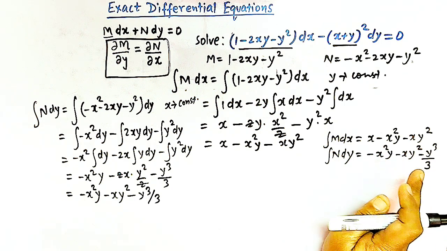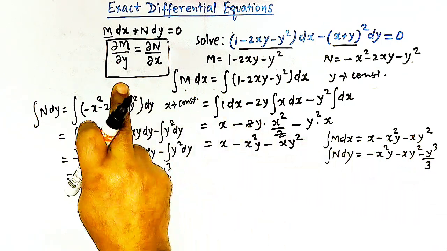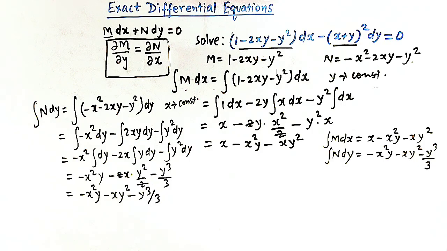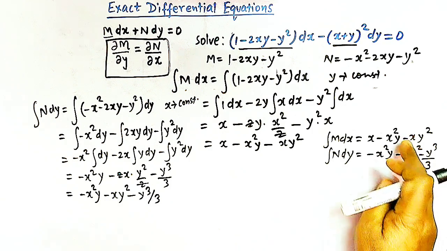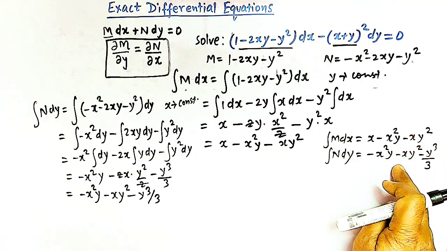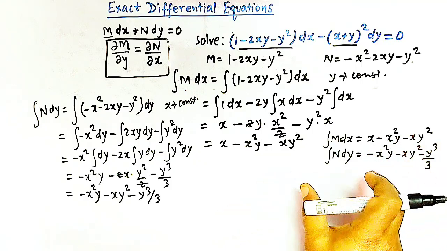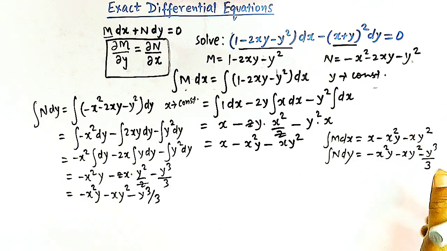So now the general solution of this differential equation can be written by taking the sum of these two expressions and then equating the sum to some arbitrary constant, say c.